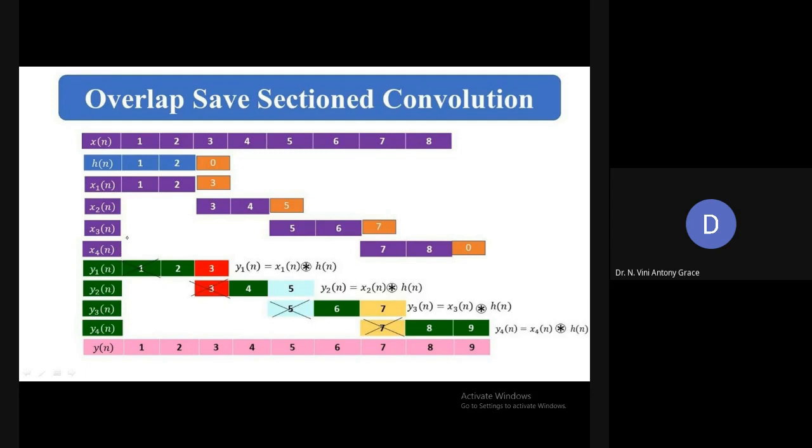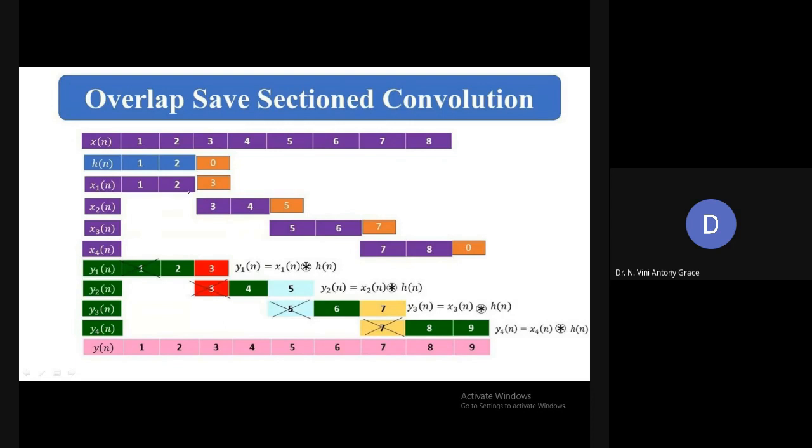Now as per the procedure, you have to section it such that there is some overlap. How many samples should overlap with each other? N2 minus 1 samples should overlap with each other. Since it is given in the procedure, we take this 3 and write it for x1 of n.